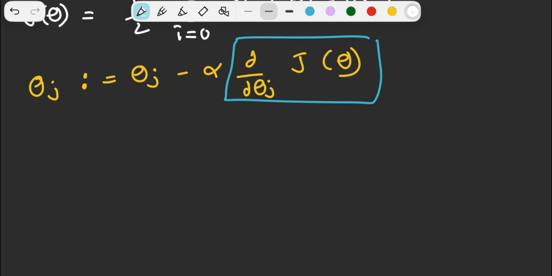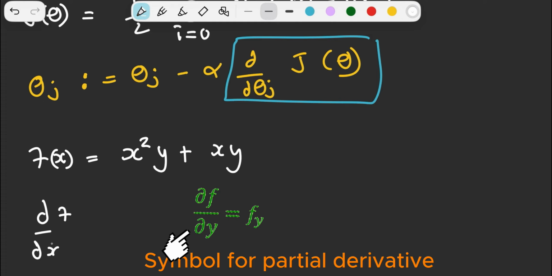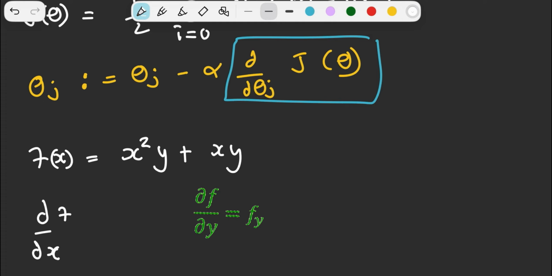I can give you an example. Let's have a function f of x, y be equal to x squared y plus xy. If I were to ask you to find the partial derivative of f with respect to x whilst keeping y constant, it basically means differentiate this with respect to x, treating y as a constant number.